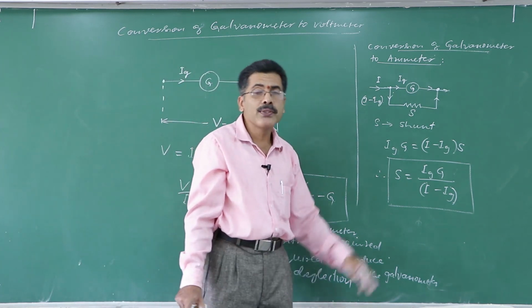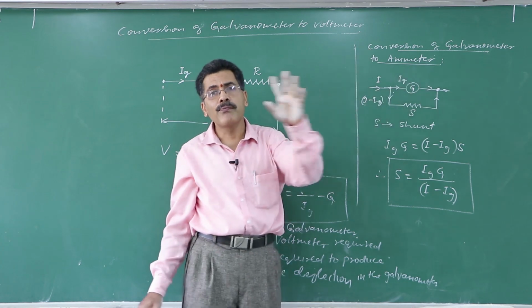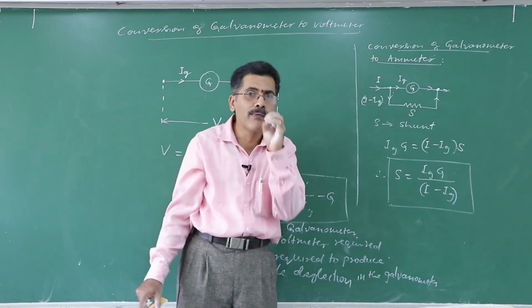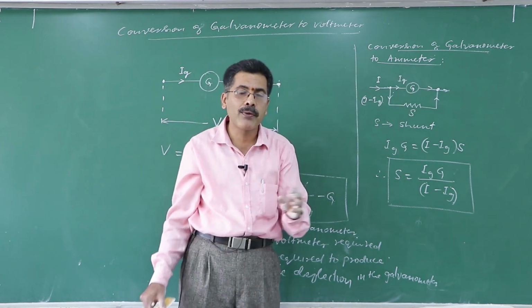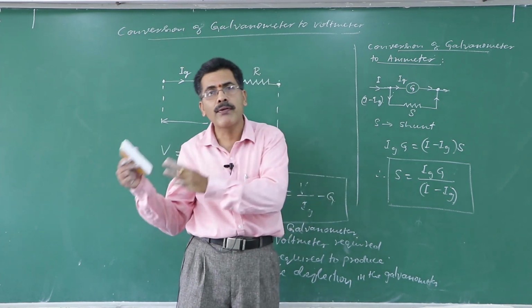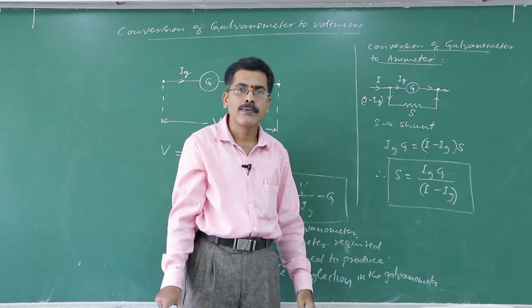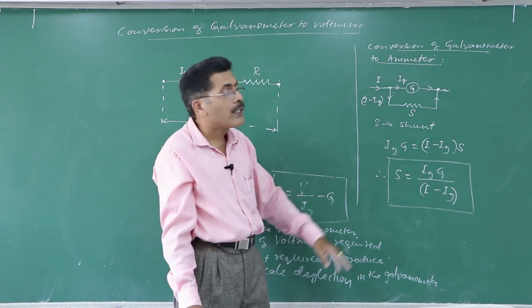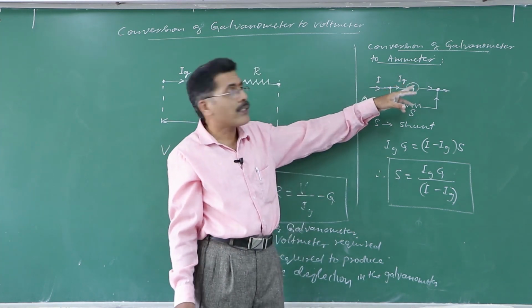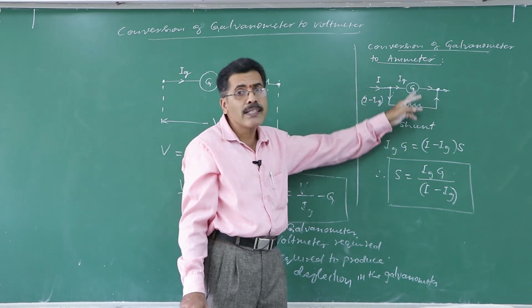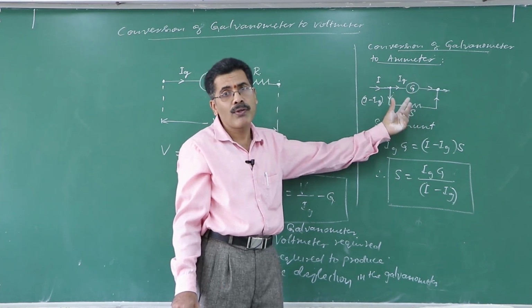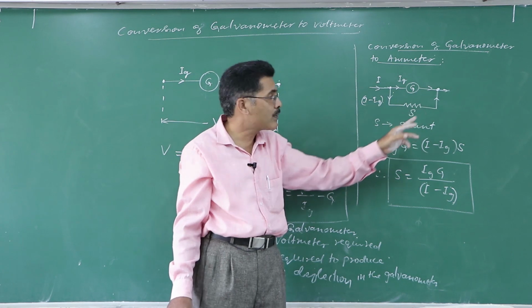We cannot use a galvanometer directly to measure current because the galvanometer coil has a resistance of about 50 ohm to 120 ohm. To reduce the resistance of the galvanometer, a very low resistance is connected in parallel with it. We call this low resistance a shunt.